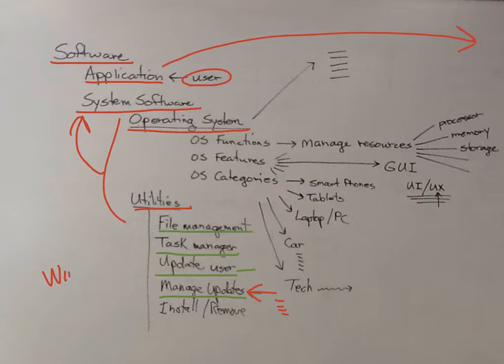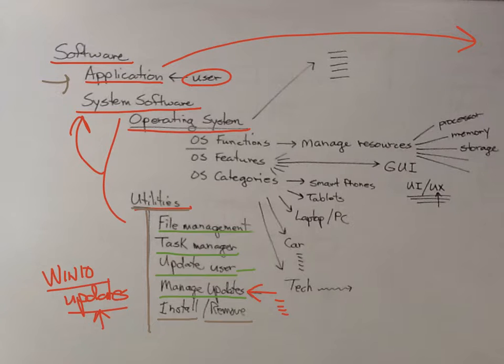Anybody who's had Windows 10 has gone through the updates. You can have those happen automatically, or you can initiate them yourself. And we talked a little bit about install and remove software. These are utilities, things that are really not an application, but they help you manage your computer.